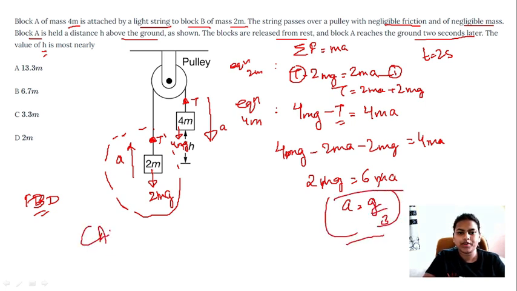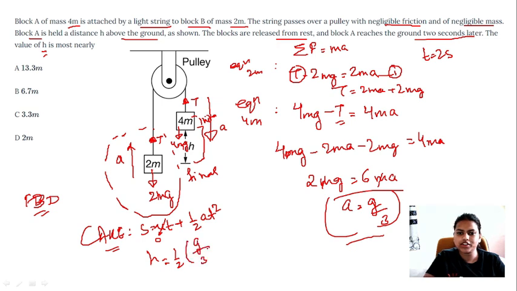From the constant acceleration kinematic equation, we know that s is equal to ut plus half at square. The initial velocity is 0, and if we apply this equation from the starting point to the final point, when this block reaches the ground, h distance it traveled. Initial velocity is 0, half, and what is the acceleration?